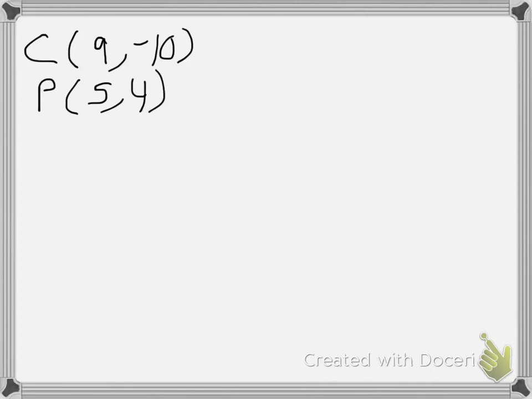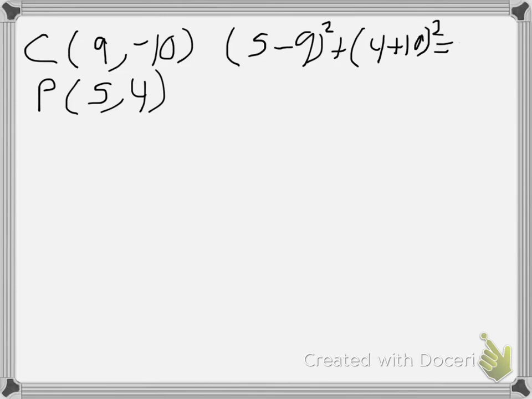So, plug it into a formula. We've got 5 minus 9 squared plus 4 minus negative 10, which is 4 plus 10 squared, equals r squared. So we end up with 5 minus 9, which is negative 4.